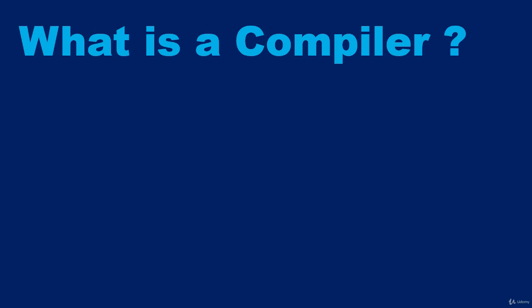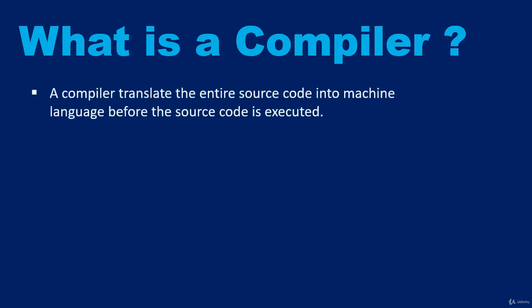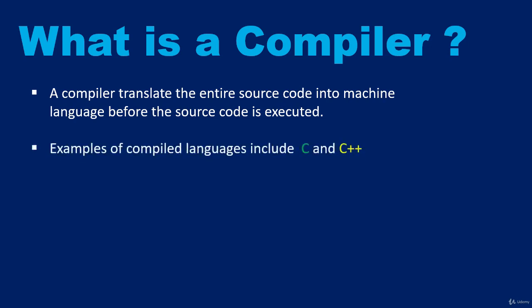So basically what that means is that for the computer to understand what it is you're trying to get it to do, you have to use a compiler to compile or convert your code into a code that the machine can read. Examples of languages that are compiled, that means languages you have to compile before the code is executed, include C and C++.